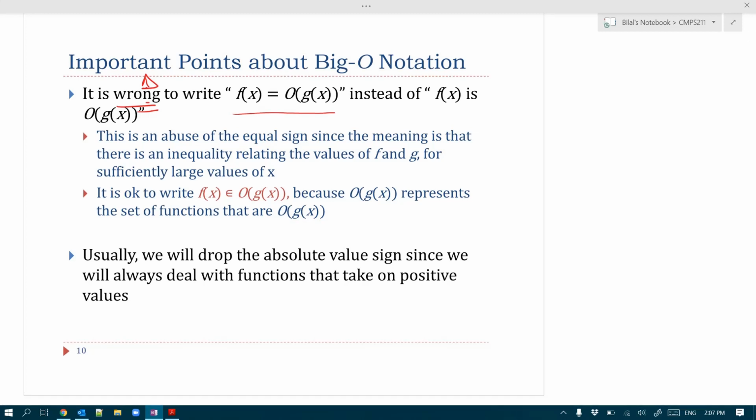Instead we say that f of x is big O of g of x, or it is in the big O of g of x, if we define the big O of g of x to be the set of functions that are asymptotically dominated by g of x.